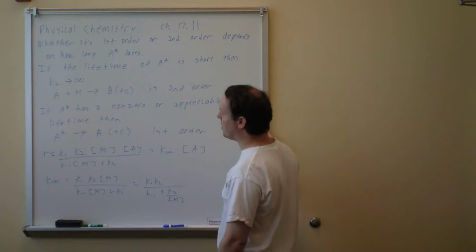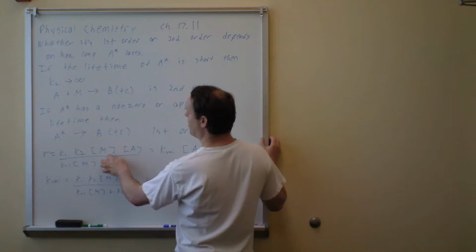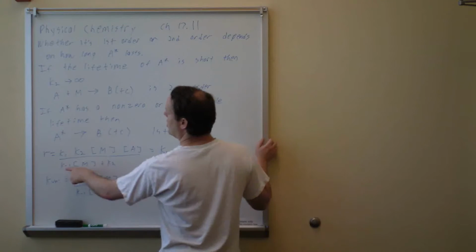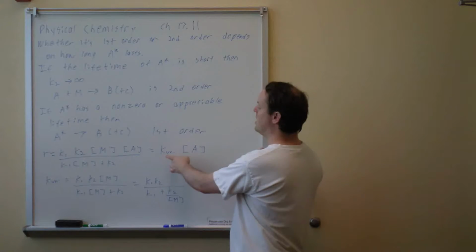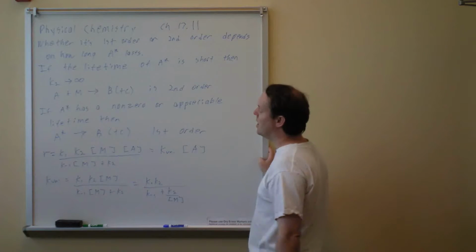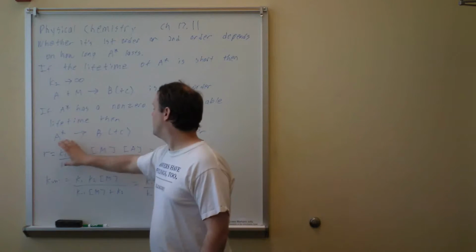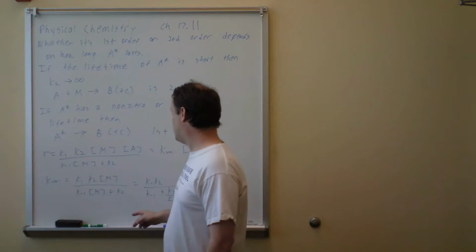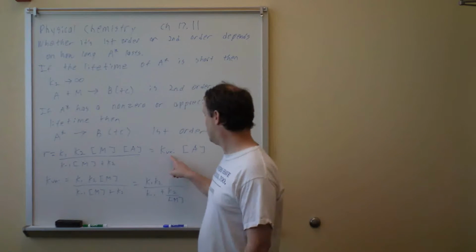Now, we already showed before, I'm going to rewrite it a little bit. The rate is going to be equal to K1 times K2 times the concentration of M times the concentration of A, over K minus 1 times the concentration of M plus K2. And that's going to be equal to K unimolecular times the concentration of A. We already showed that before. Then we said all of this over here we're going to treat as constant; we did that with the steady state approximation. So we have K unimolecular here.